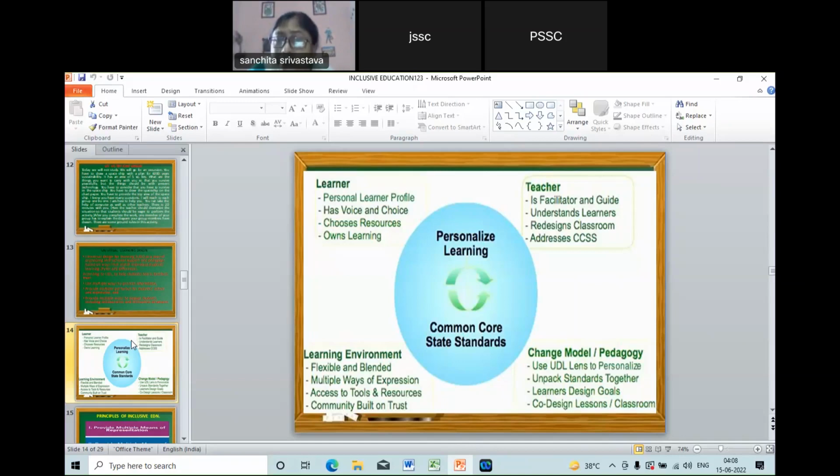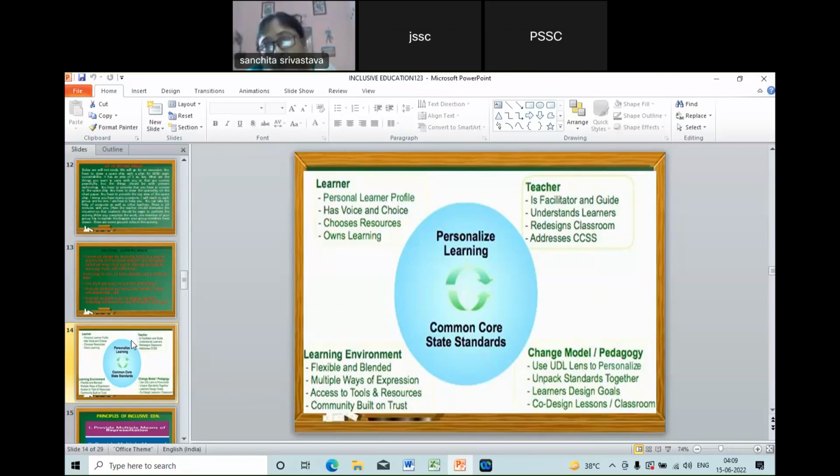But the primary thing when you are dealing with inclusive education is a community built on trust. Your children should have faith in you, should trust you, so that they can come up to you with anything. See, whenever we have children with ASD, autism spectrum disorder, or early learning and reading disabilities, the child itself gets some sort of a low feeling that he or she will not come out.